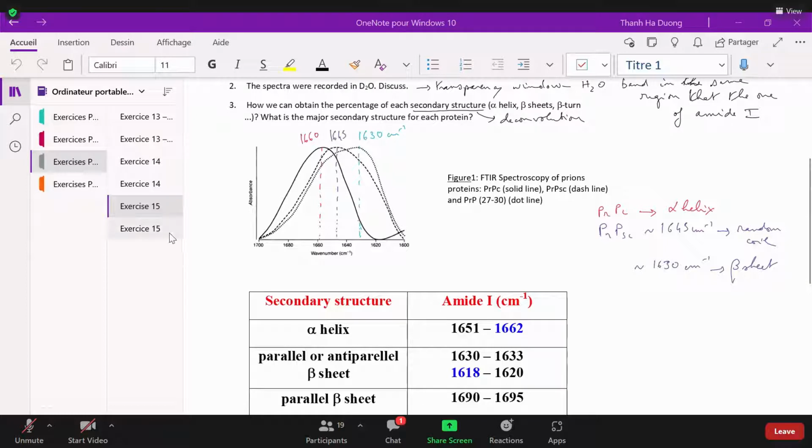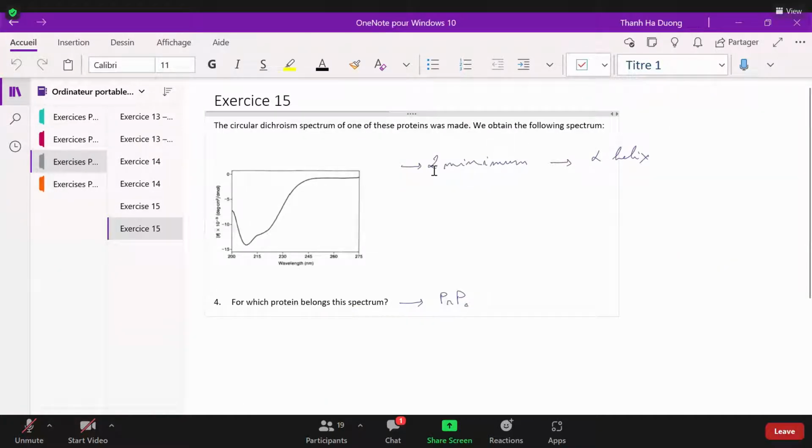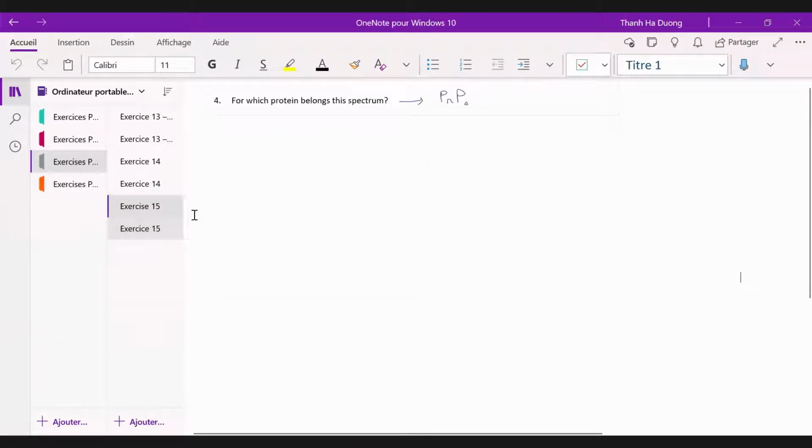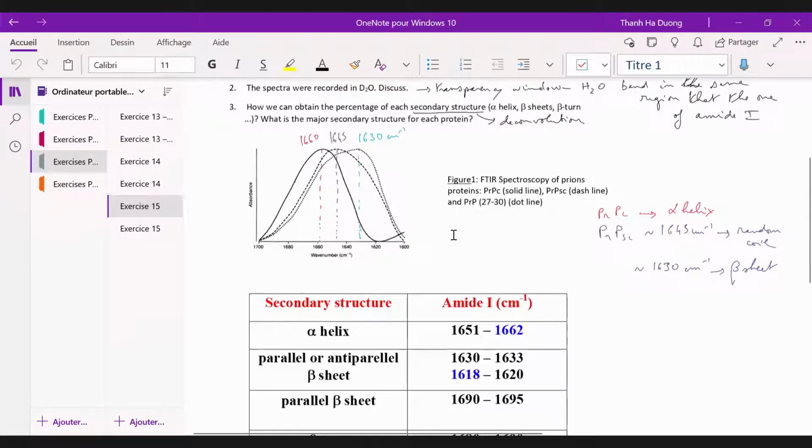Okay. So let's go after to the CD, circular dichroism spectrum. We measure a CD spectrum of one of these proteins. So you have three proteins, one with alpha helix, one with beta sheet, and the other one with a random coil.